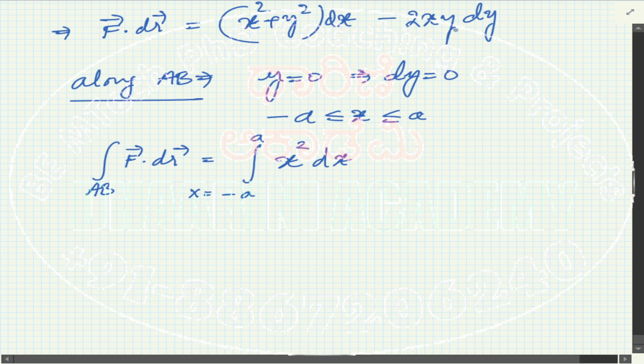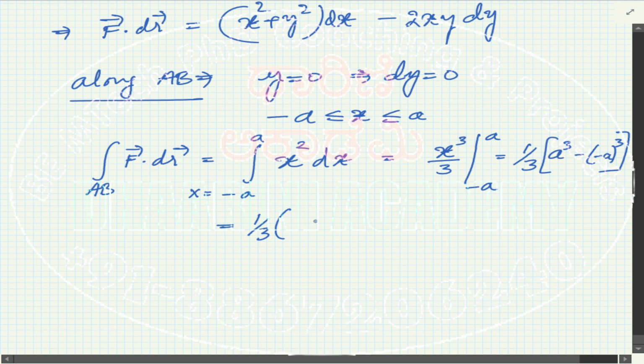Minus 2xy: since y is 0, that term will not come. It's just x square into dx. When you integrate x square dx, you get x cube divided by 3 from minus a to plus a. So there is a 1 by 3 coming out, a cube minus minus a cube. This term is 1 by 3 times 2a cube, since minus of minus is plus. So the answer is 2a cube by 3, the first part of the integration. Along AB we finished.